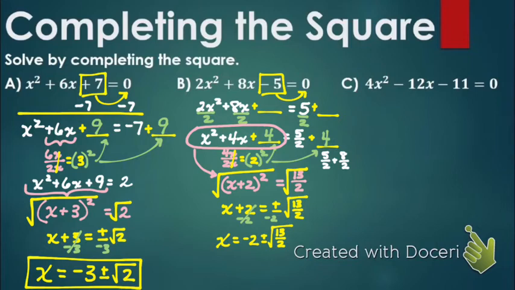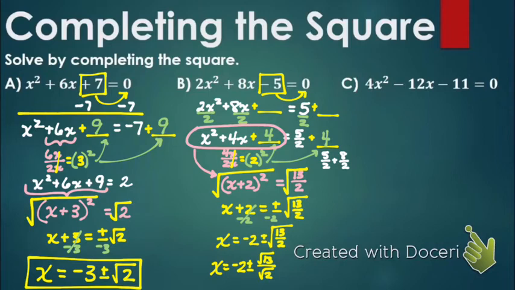Does anybody notice anything? Yes, sir. We do need to rationalize that denominator. Because what I have here is x equals negative 2 plus or minus radical 13 over radical 2. Remember that radical distributes to my numerator and my denominator.